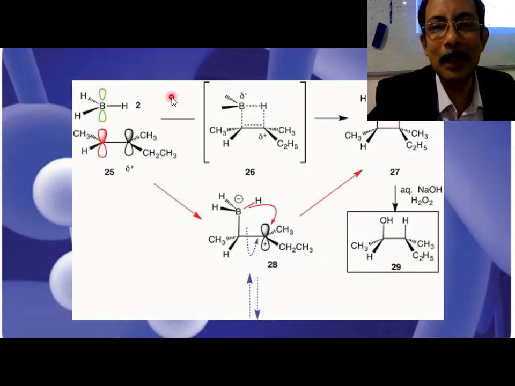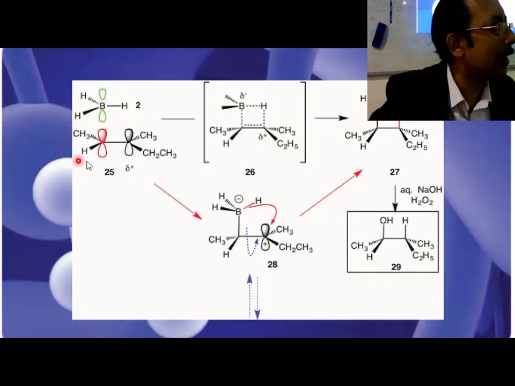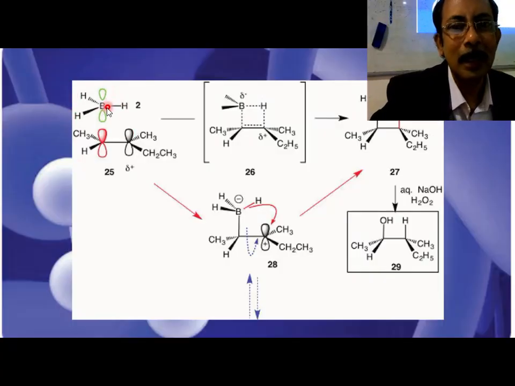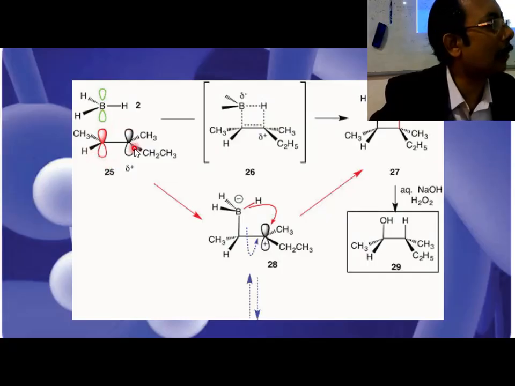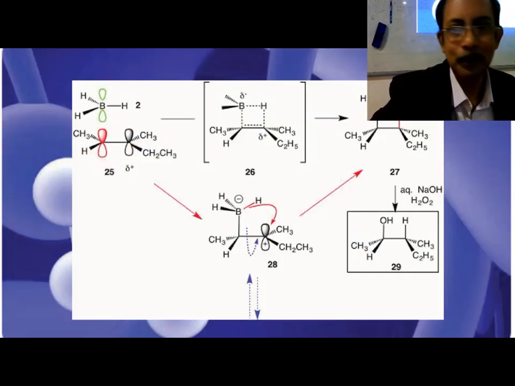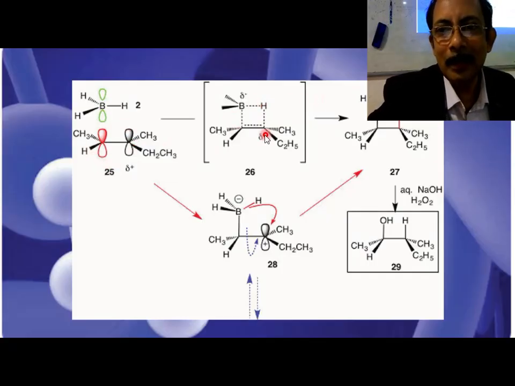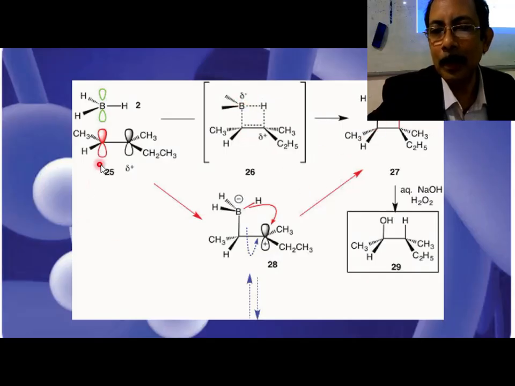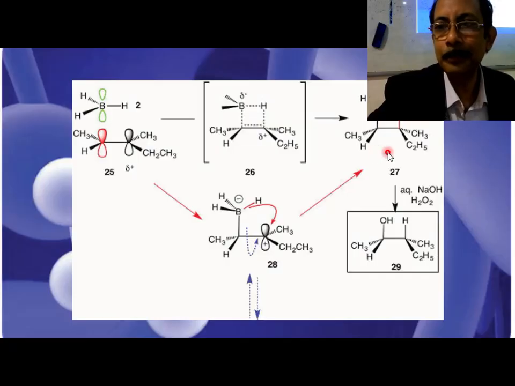So here see the BH3, how the mechanism goes. What is the mechanism of this hydroboration? See here, this is BH3 and this is your double bonded molecule. Double bond, what is it, alkene, olefin. This alkene makes a cyclic structure temporarily, and you get this, and here this way also you can show, and finally this is the product.